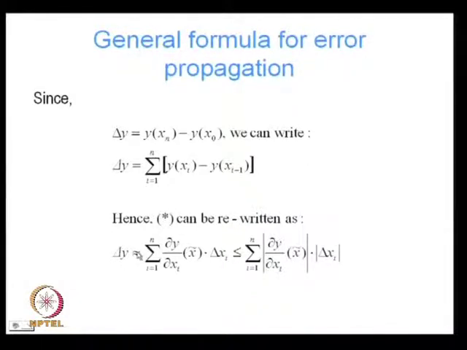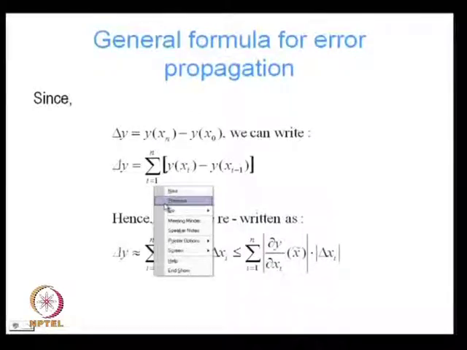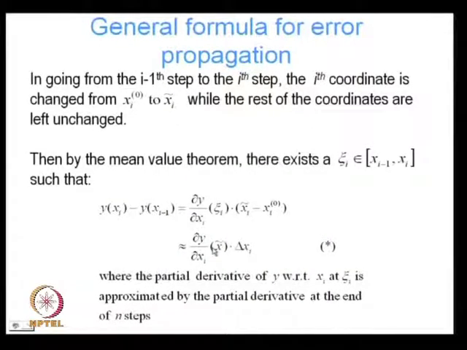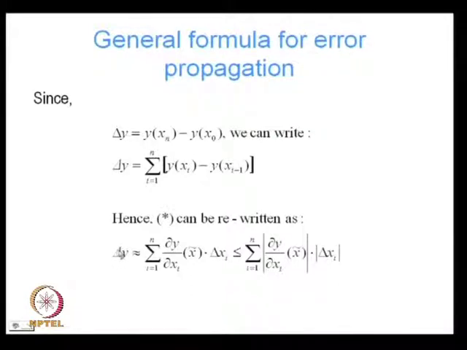Basically, we are taking the sum on both sides of this expression, and then we get delta y approximately equal to sigma i equal to 1 to n of del y del xi at x tilde times delta xi, which again from our bounds on the additions is less than or equal to sigma i equal to 1 to n of mod of del y del xi at x tilde times mod of delta xi.